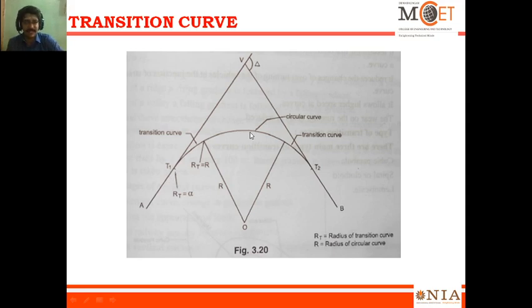To avoid such a condition, we need to make it smoother. We need to provide the transition curve, and the super elevation, which you may study in transportation engineering, is to avoid over skidding of the vehicle, either two-wheeler or four-wheeler.